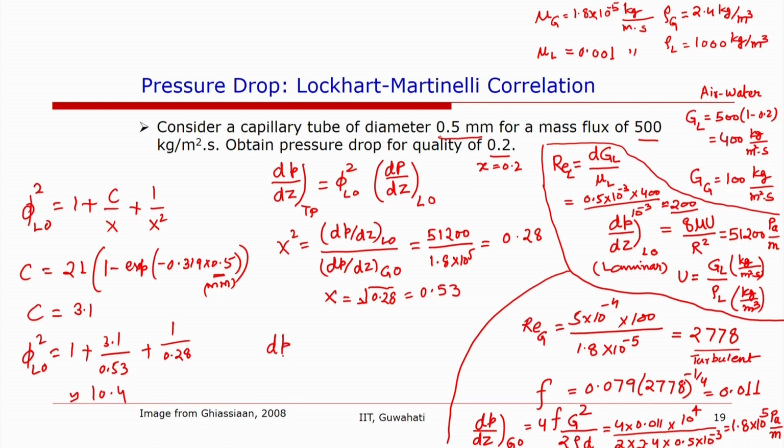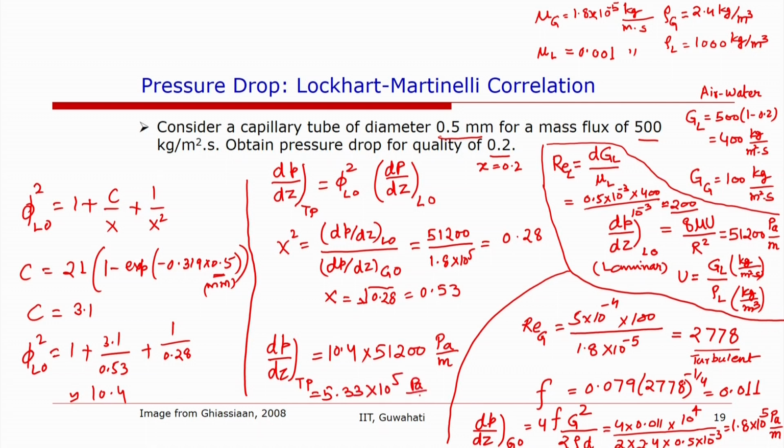So dP by dZ for two phase is equal to phi LO squared, 10.4, multiplied by liquid only dP by dZ, which is 51,200 Pascal per meter, or this is about 5.33 into 10 to the power 5 Pascal per meter.